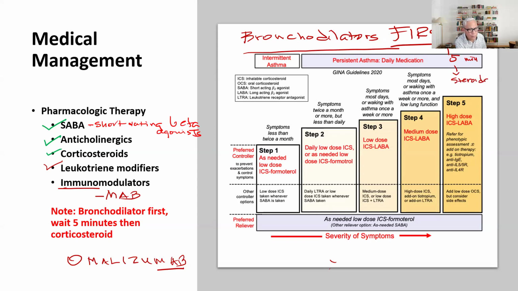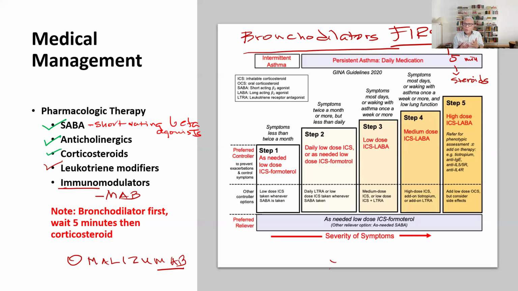All right. So why is that so? Why do we give bronchodilators first? Now, if you give steroids first, what's going to happen is you're going to coat the respiratory system. The bronchodilators are going to have a hard time being absorbed. And that's the reason why we give the bronchodilators first for two reasons. Number one, it's going to be rapidly absorbed.